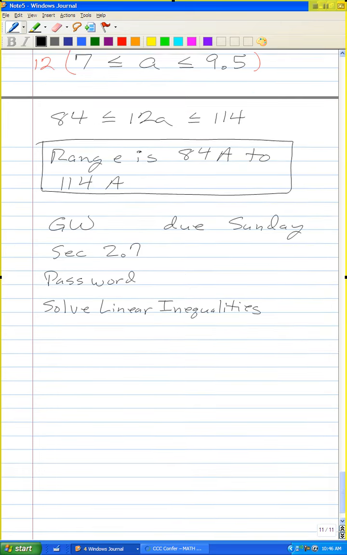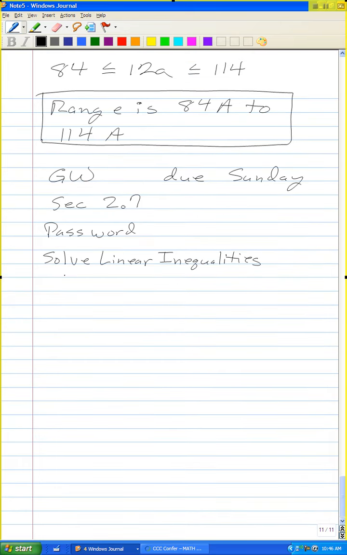Also, recall that on Saturday, we'll have exam number 1 review.